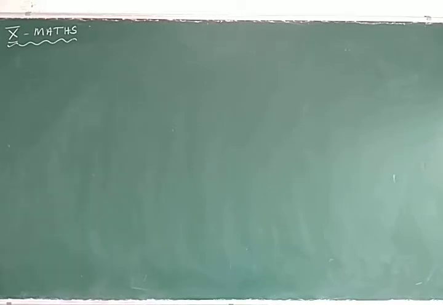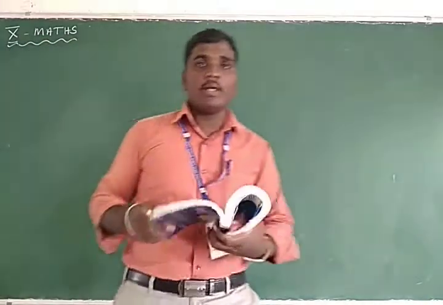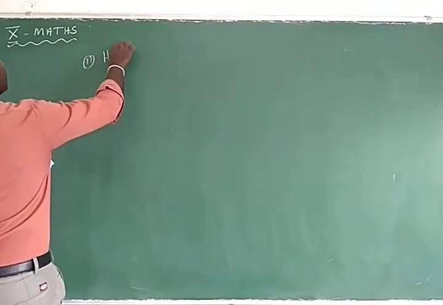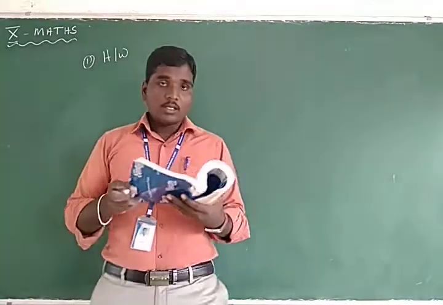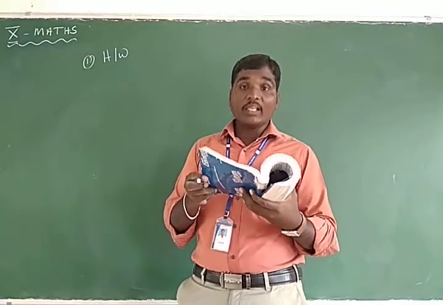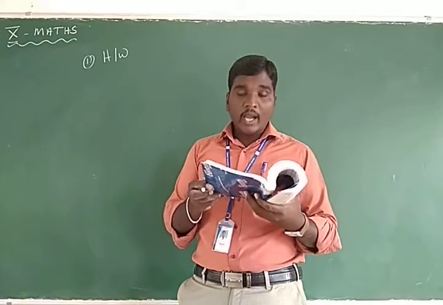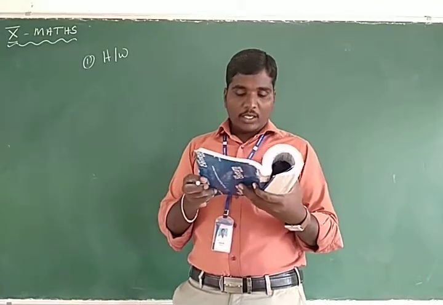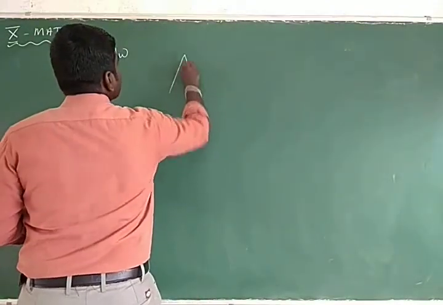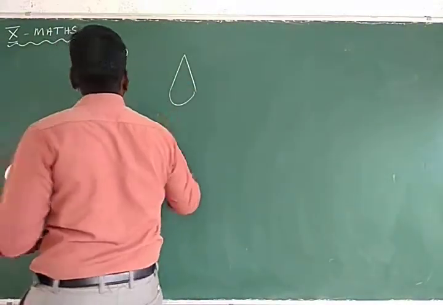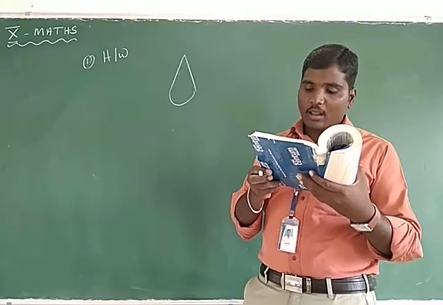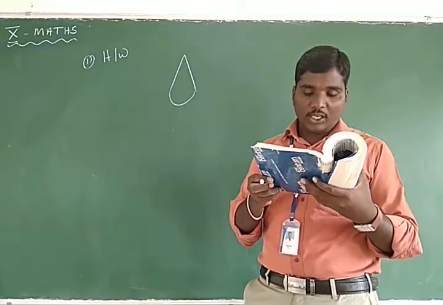Next question. The first question is homework, and I will explain this one now. A solid is in the shape of a cone standing on a hemisphere, with both their radii being equal to 1 centimeter.